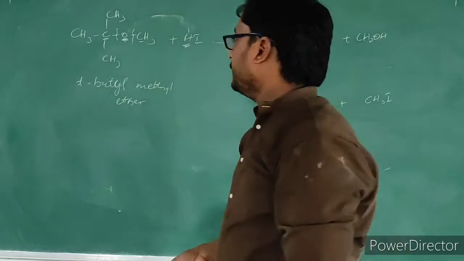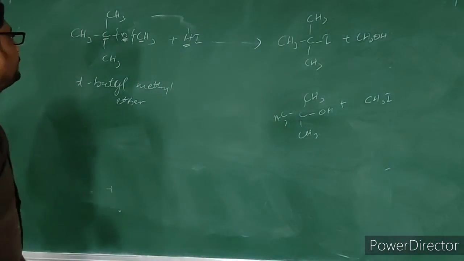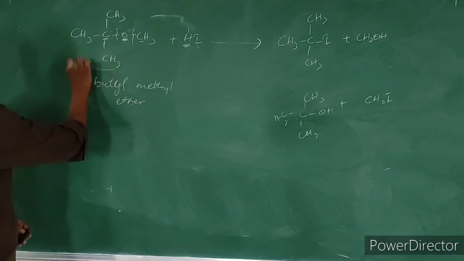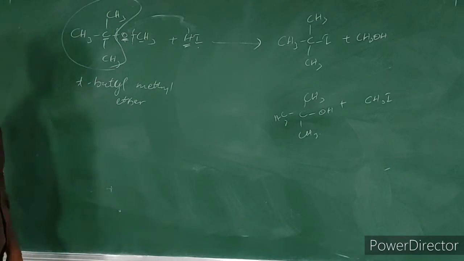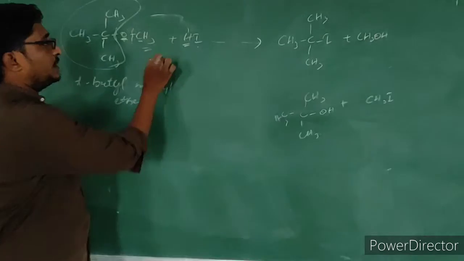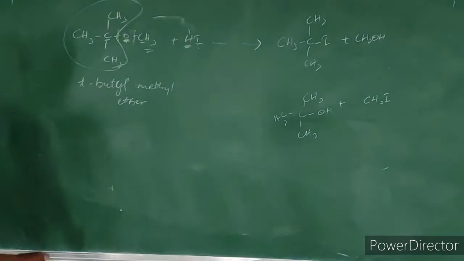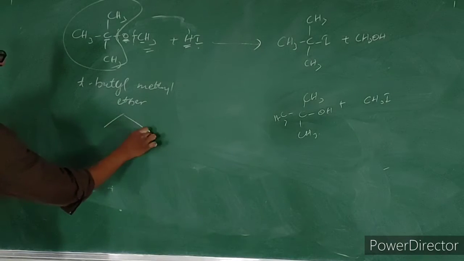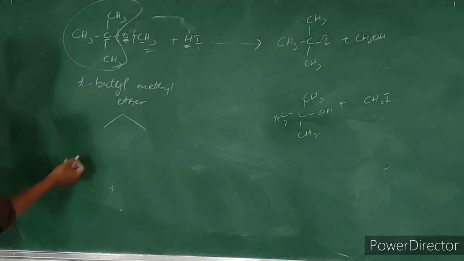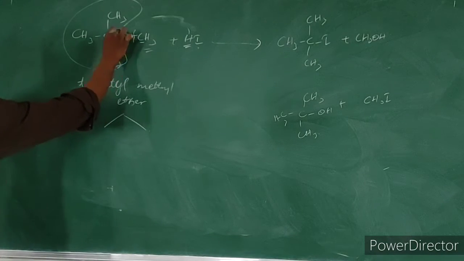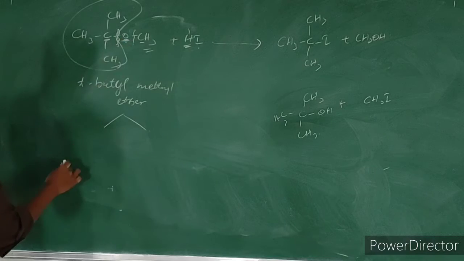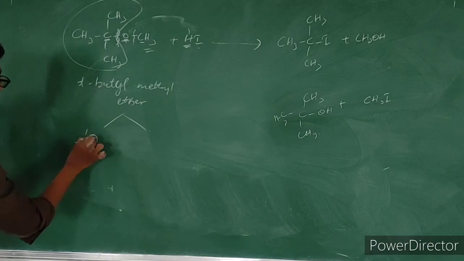That is why I minus will attack the tertiary carbocation rather than the primary carbocation. So when this tertiary butyl methyl ether undergoes cleavage, it can form two types of carbocations. If the bond breaks between the carbon of the tertiary butyl group and oxygen, a tertiary carbocation is produced.